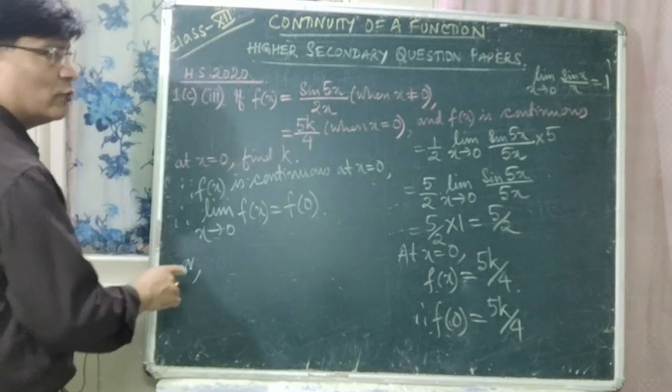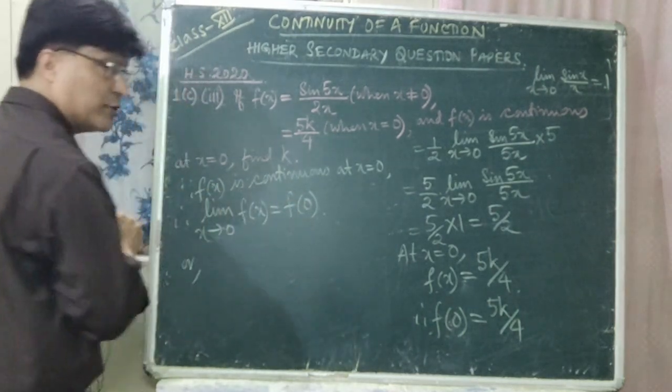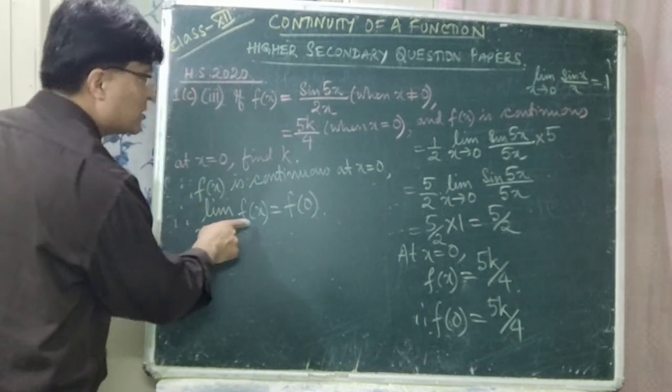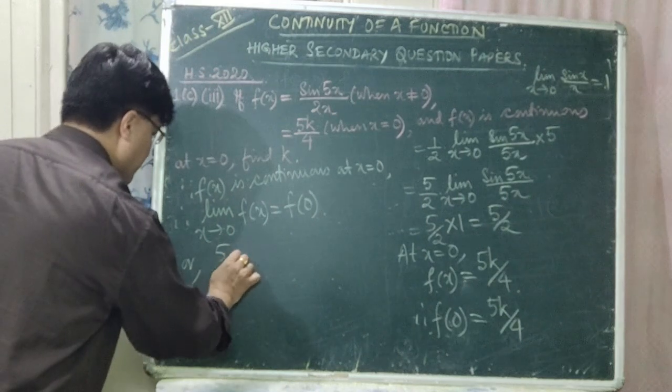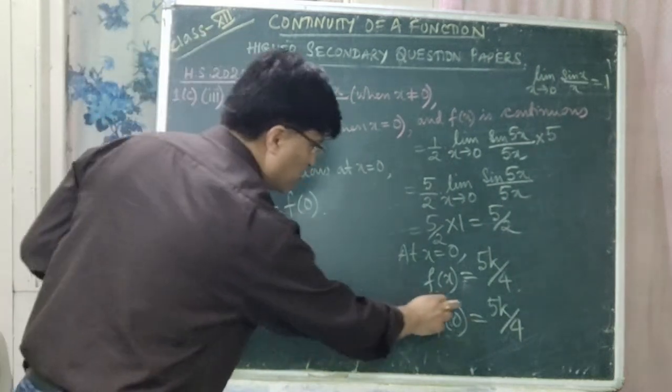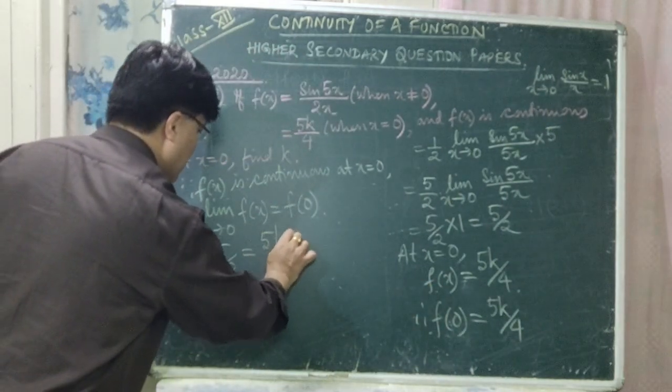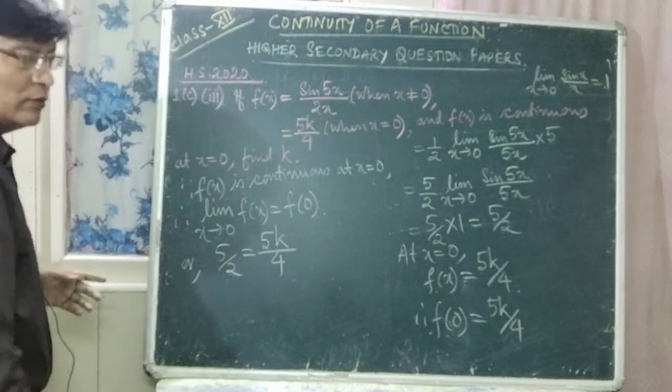Just now we found out these two values. What is the value for limit x tends to 0, f of x? It was 5 by 2. And what is the value for f of 0? It is 5k by 4, right?